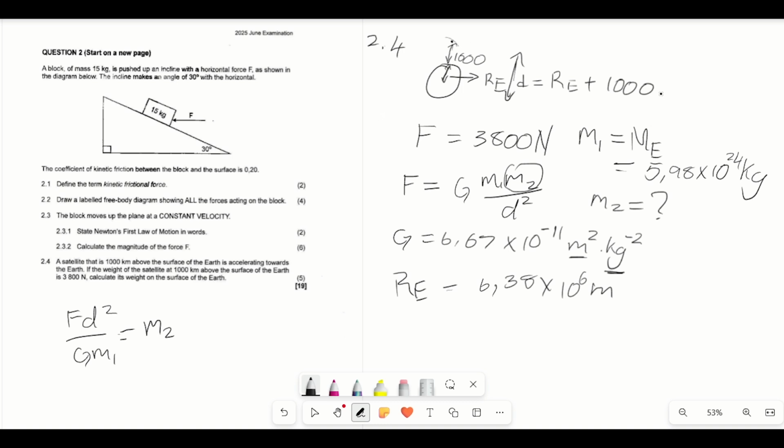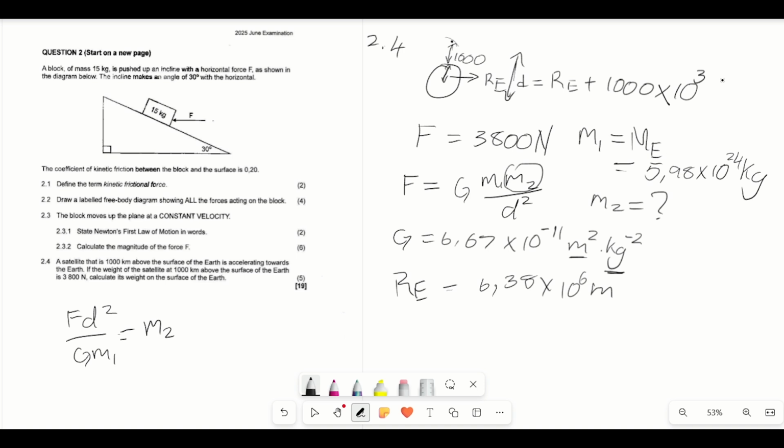So our distance should be 1,000 times 10 to the 3 to convert that into meters, times 10 to the 3 in bracket squared, and G, which is 6,67 times 10 to the negative 11, and then lastly we have M1, which is 5,98 times 10 to the 24.